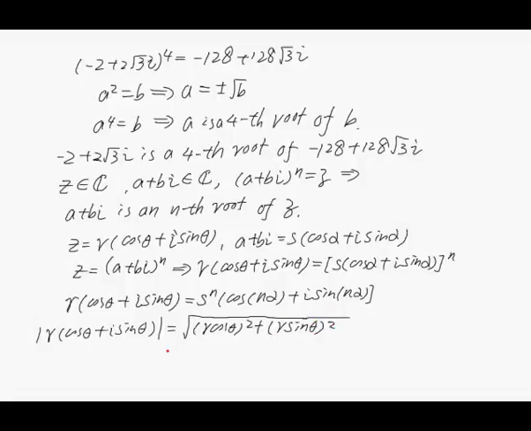So this is equal to the square root of r squared times cosine squared theta plus sine squared theta. And by the fundamental identity, we know this is equal to 1. So this is equal to the square root of r squared, which is equal to r, because r is positive.